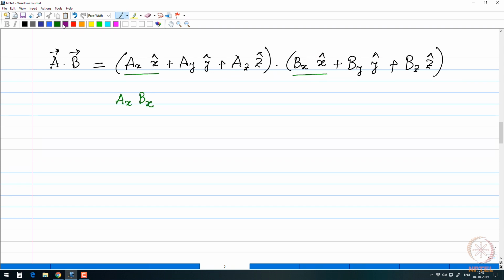If we take a dot product between this part and this part, because the dot product of x cap and y cap goes to 0, we get 0 here, and for the next one also we get 0. So, the dot product between Ax x cap and Bz z cap also becomes 0.